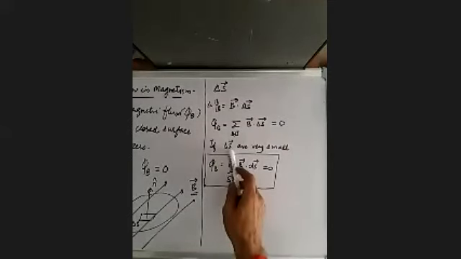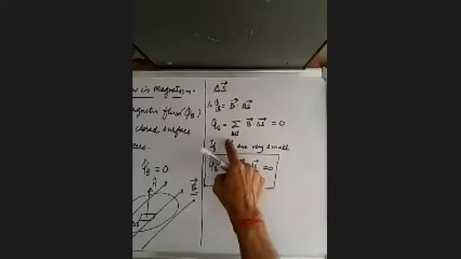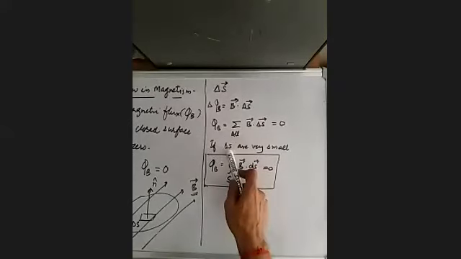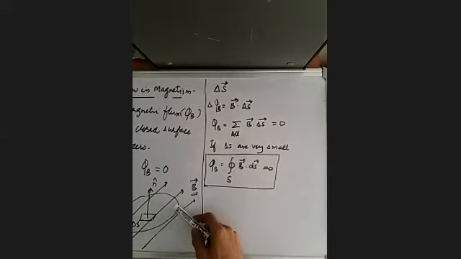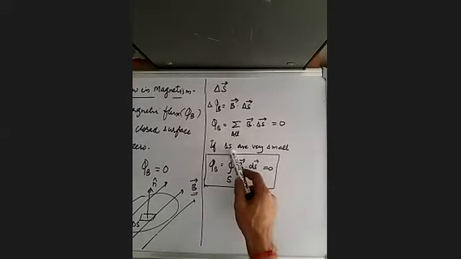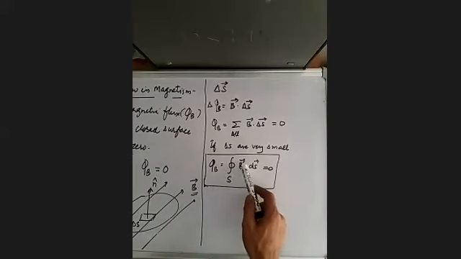Now if delta S, this area, is very small, so the magnitude is very small, there will be a huge number of these small elements. Then the total flux will be given by the integral of flux associated with these very small area elements over the closed surface.